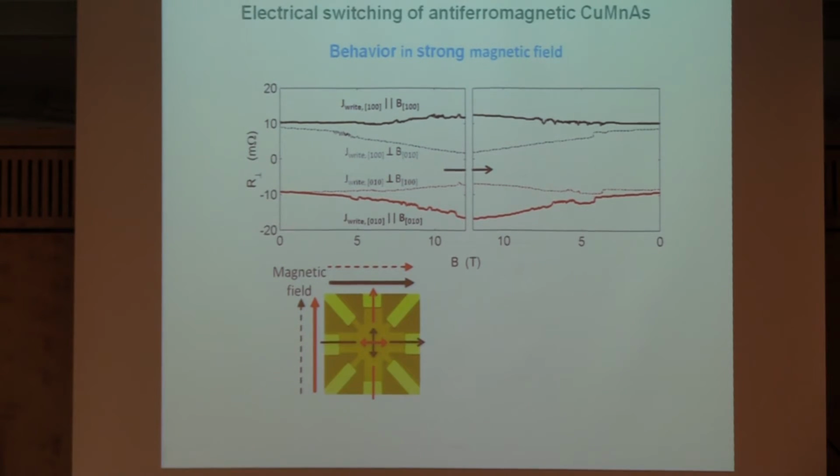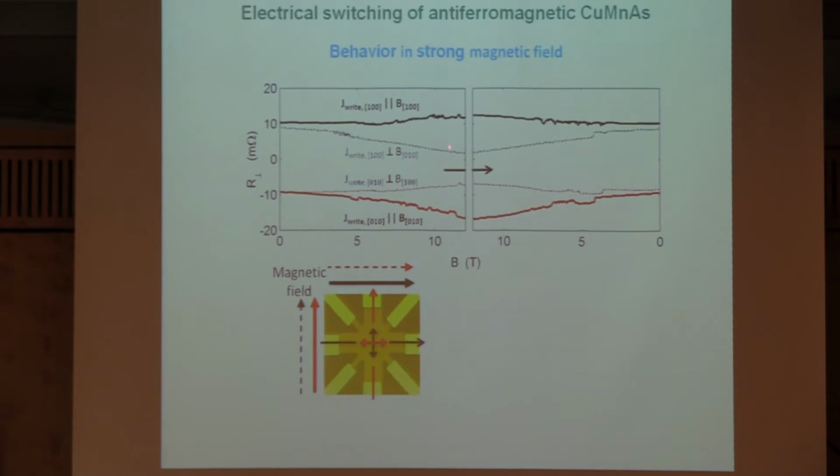So domains which are along this orientation of the applied field are energetically more favorable than domains which are parallel to it. So you can see for the case where the magnetization is along the current direction, hence where the magnetic field is perpendicular to the switched magnetization direction, these states get further apart.